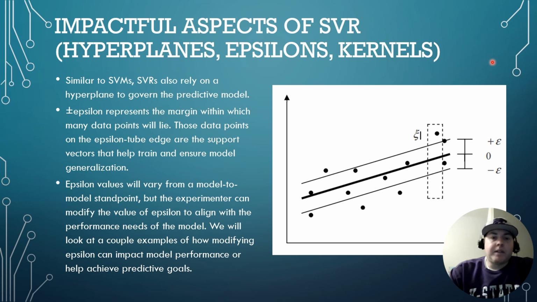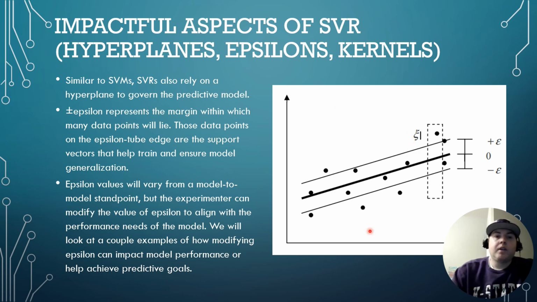The plus and minus epsilon represents that margin within which many data points will lie. Those data points within what's called the epsilon tube, and those on the boundary, are the support vectors that help train and ensure model generalization.